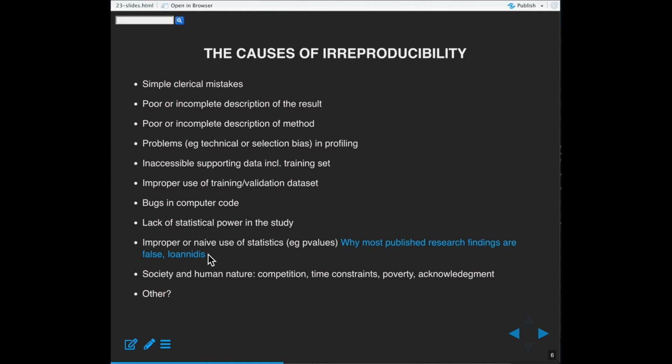And I disagree with him on COVID-19 issues. I understand where he's coming from on his criticisms, and the link here is to one of his famous short papers about what are some of the causes of irreproducibility due to improper use of statistics.